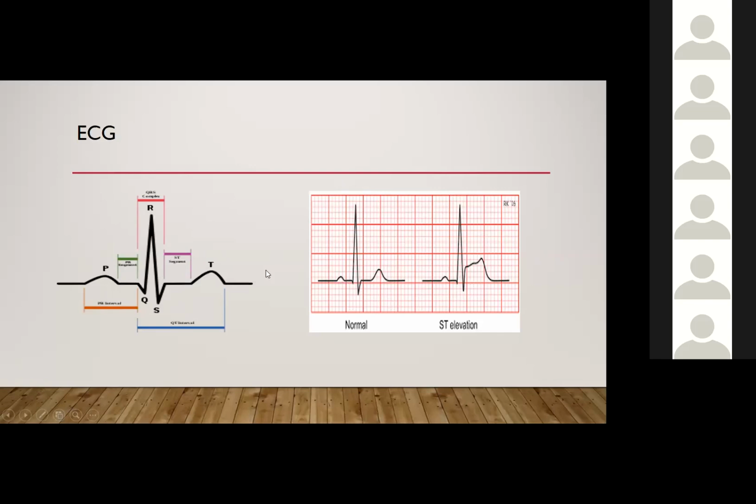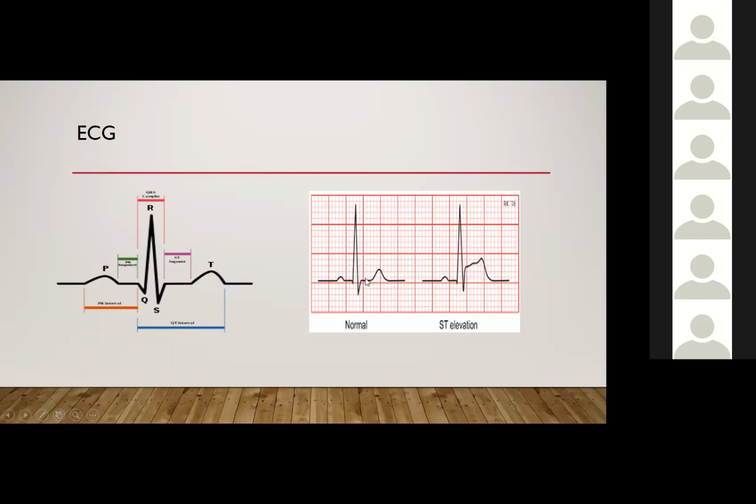Looking at the ECG here, this is just a schematic diagram, but if we look at what is on the proper ECG paper, you can see your P wave, QRS complex, and then the ST segment. The ST segment, we expect that it should be along the same line as the baseline. This is the baseline, okay? So it should be on the same line for us to say it's normal. If your ST segment deviates from the baseline, then it means that your ST segment is not normal.